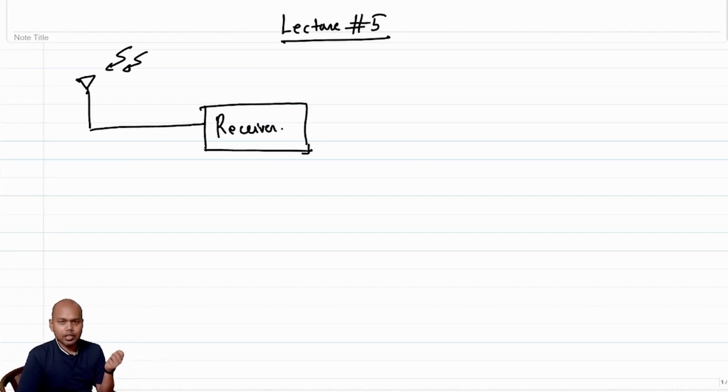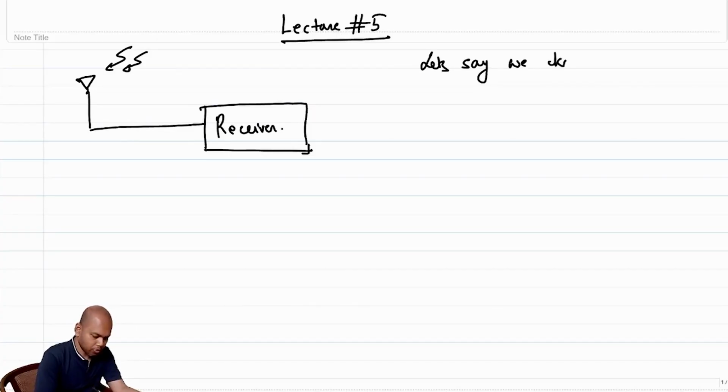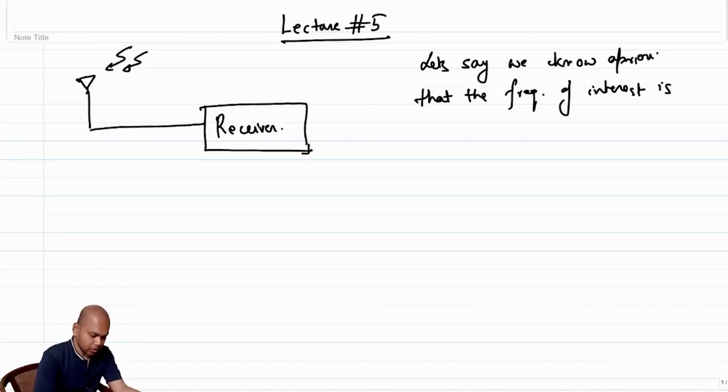The only thing I know is, let's say I know a priori that I am supposed to listen to a particular channel, which means that a priori I know I should be tuning in to some particular frequency, and let me call it omega LO. So we know a priori that the frequency of interest is around omega LO.